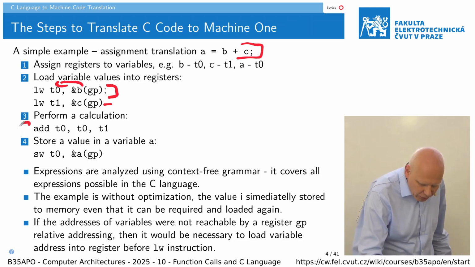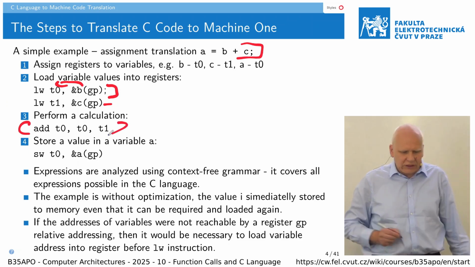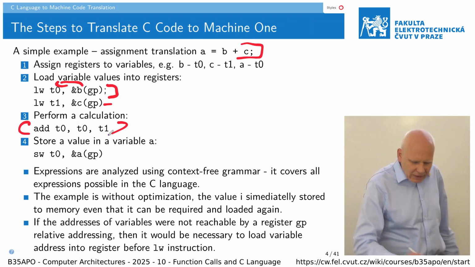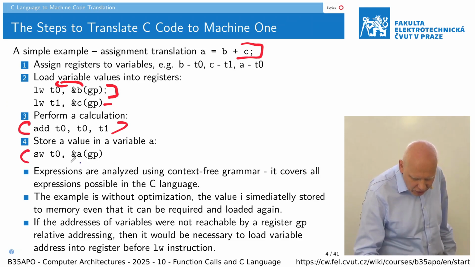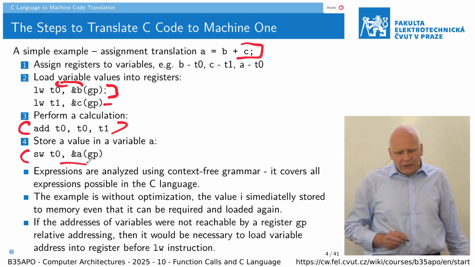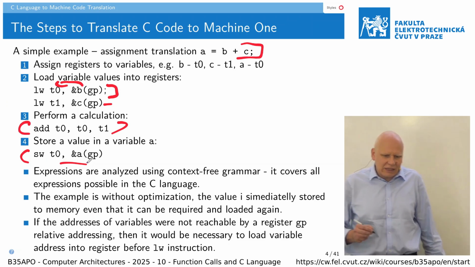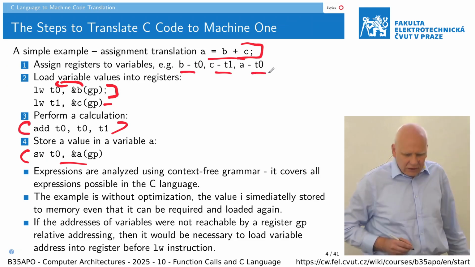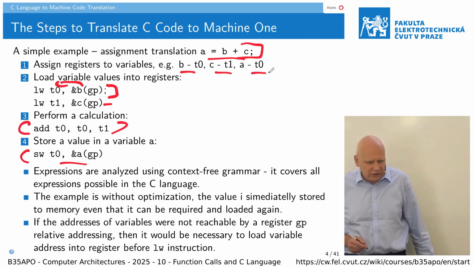Then we perform the actual calculation, which is that simple add instruction. And at the end, we store the result to some variable, and in this case we can expect that those variables are global variables and they have only a copy in the temporary T registers.